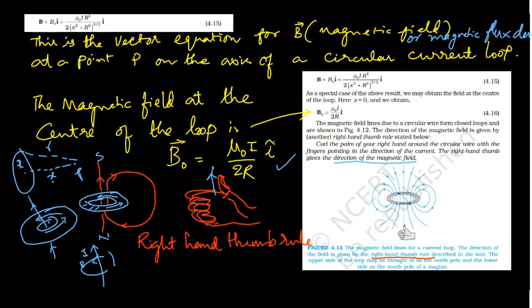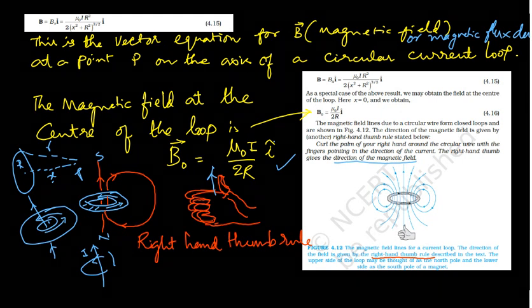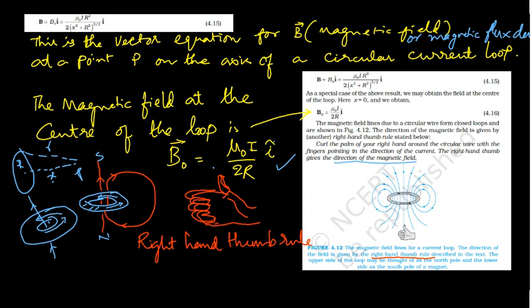Okay. So the upper side of the loop may be thought of as the north pole, and the lower side as the south pole of the magnet. This is what I have written here; the upper side is considered the north pole. Let me read it over, I will explain that part also.